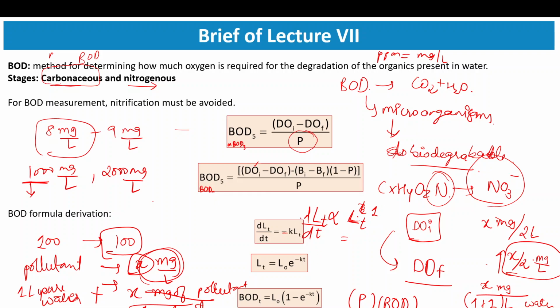Now, if you want to solve this, you need to integrate it, right? So 1 by Lt dLt equals minus K dt.